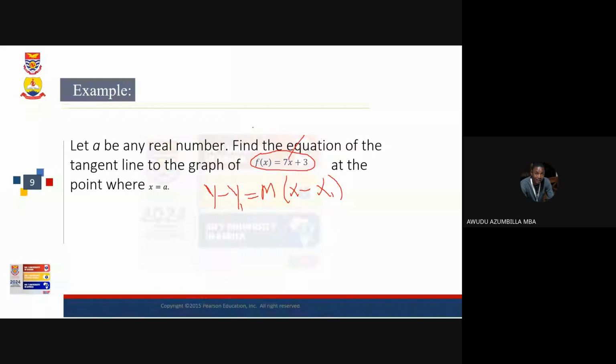We all know how differentiation is made. When we go further, we are going to do more on differentiation. So whether you understand how to do this differentiation or not, we are coming to do more differentiation here. When you differentiate this function with respect to x, we are going to get 7. So the slope, which is the same as m, is equal to 7.